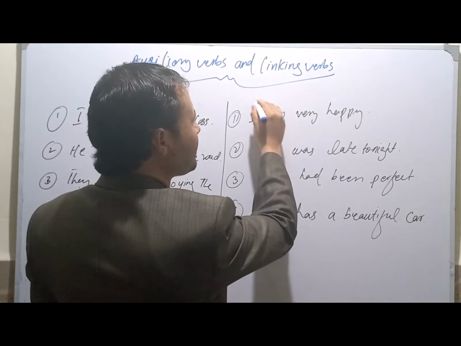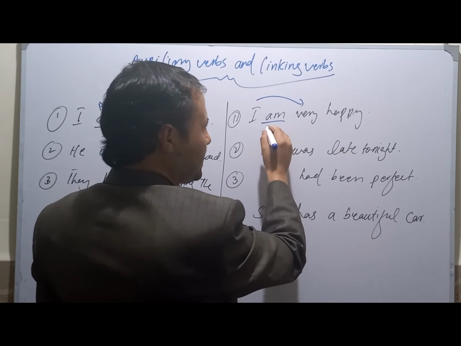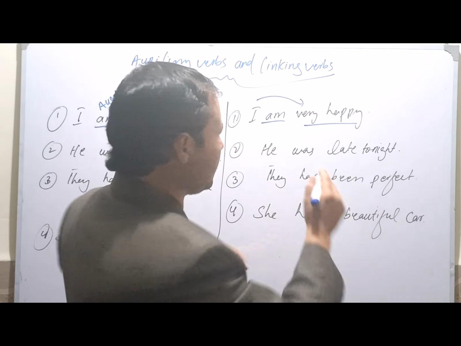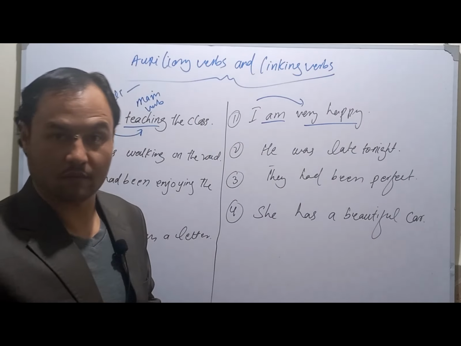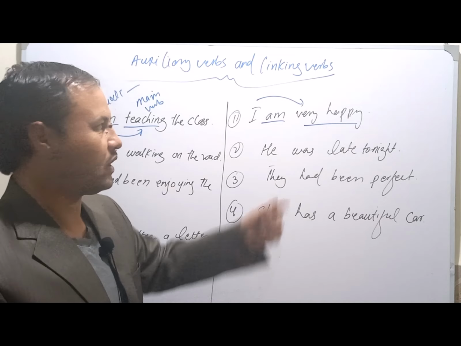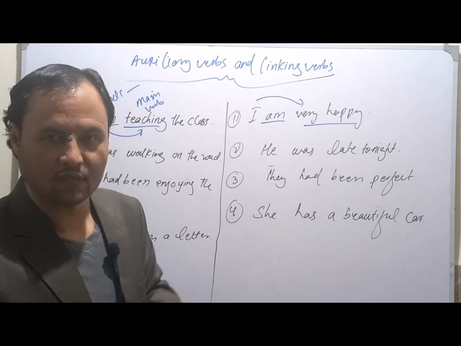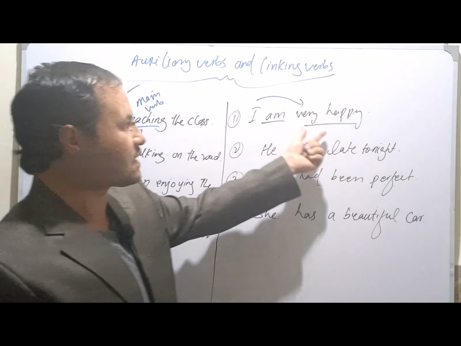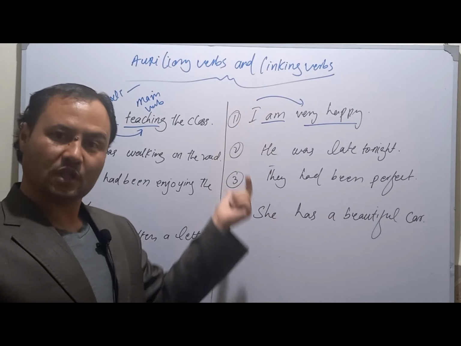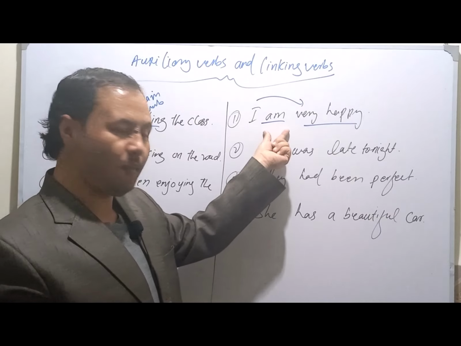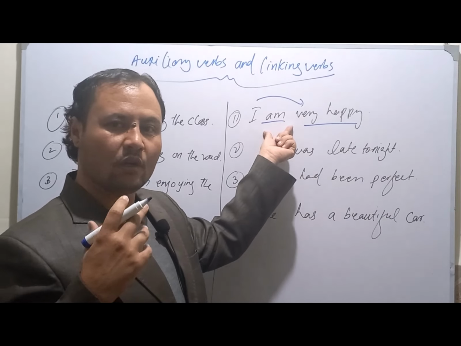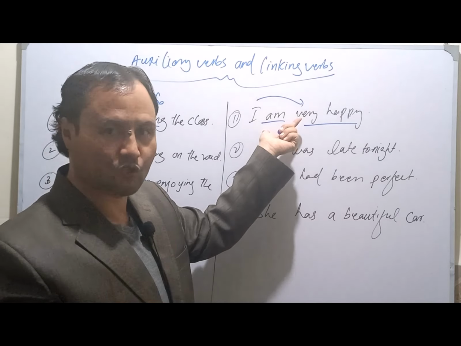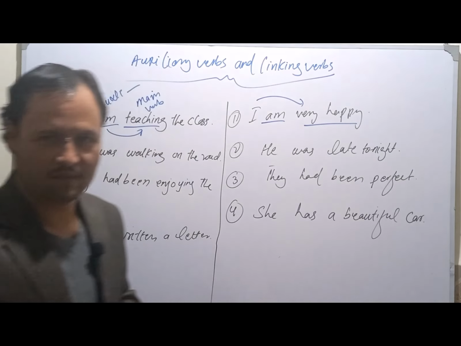This am is connecting the subject with the rest of the sentence. It is linking. It is not showing any action. So we call it a linking verb. The verb which links the subject with the rest of the sentence, where the rest of the sentence gives more information, and the same verb does not show any action, we call a linking verb.